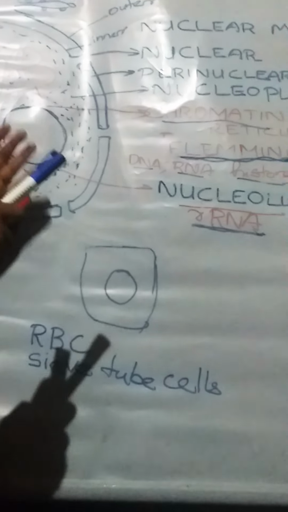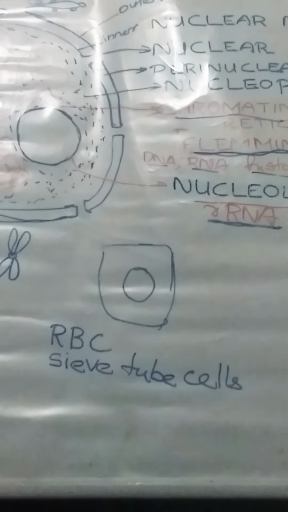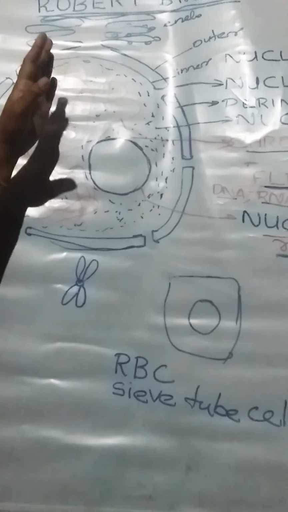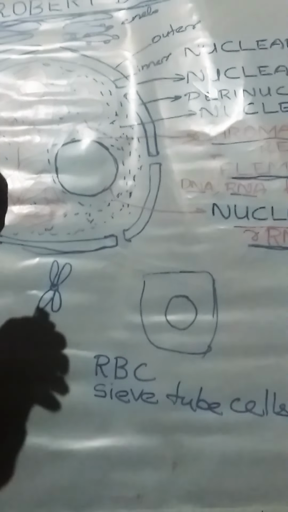And now we are going to the inner surface of the cell. At the inner surface of the cell, we can see one jelly-like or fluid-like substance is present. And this jelly-like substance is called nuclear matrix or nucleoplasm.